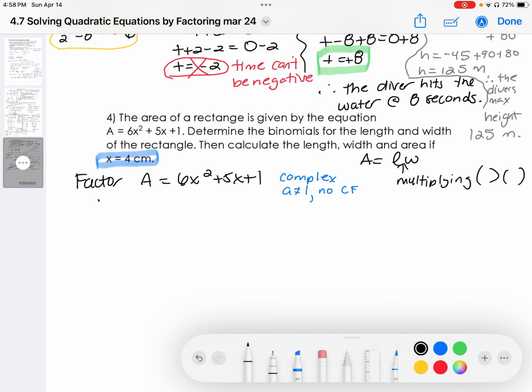Either way, really, we still need to find two numbers that multiply to AC, which is 6, and add to positive 5. And actually, I'm going to shorten my little chart here because 6 is either 1 and 6, but since 5 is positive, it's going to be 3 and 2.